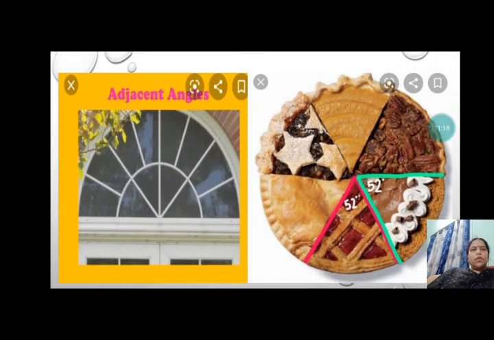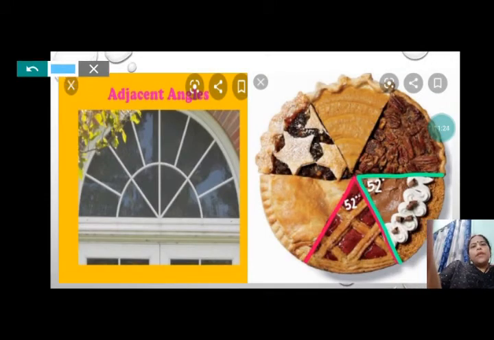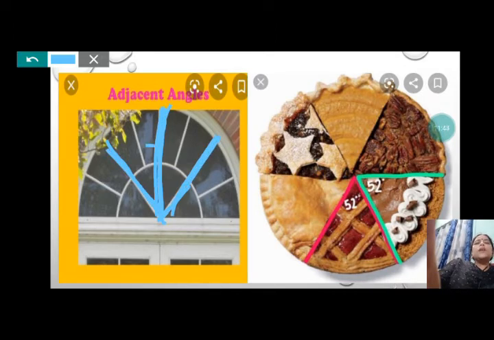Now as we can see over here, the window pane, as the class shows, they have the same vertex and one more common arm, and this arm is shared with this. This makes the adjacent angles over here.